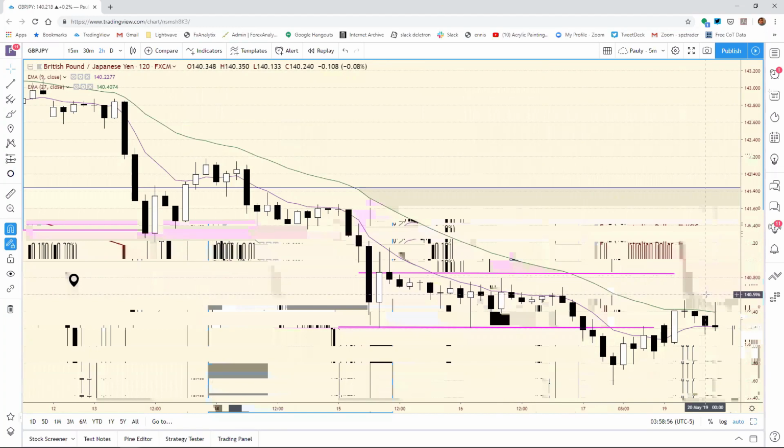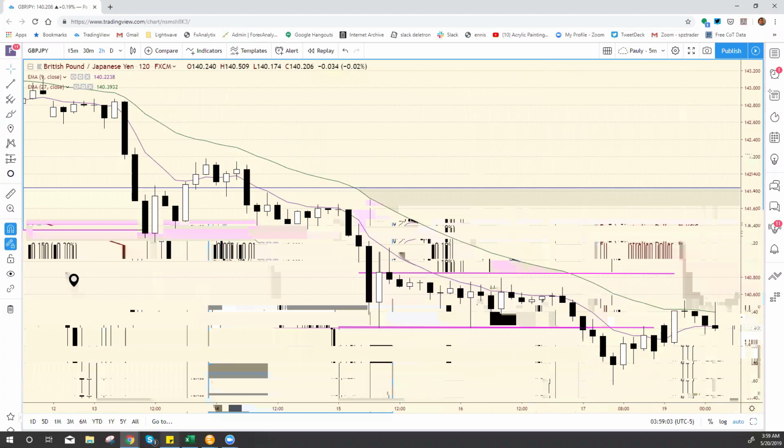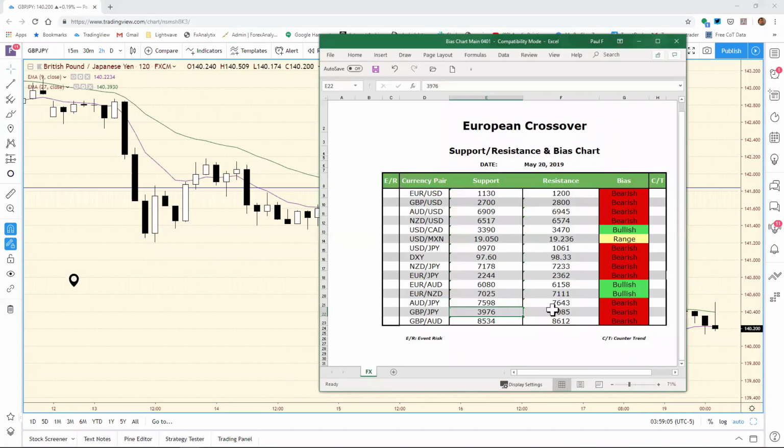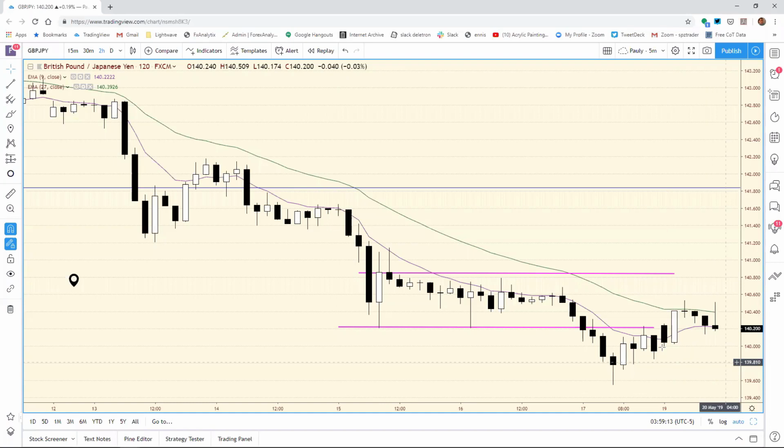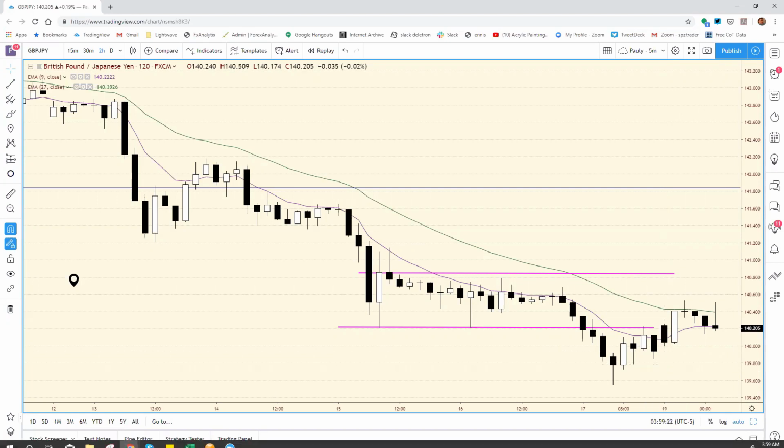We'll go there for now, right across this level, 40.64. And support at 39.78.